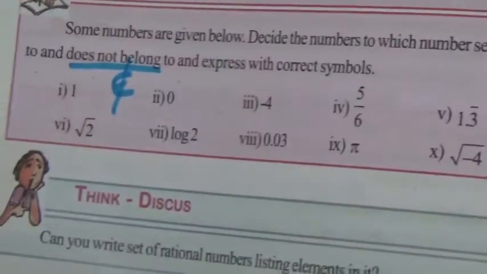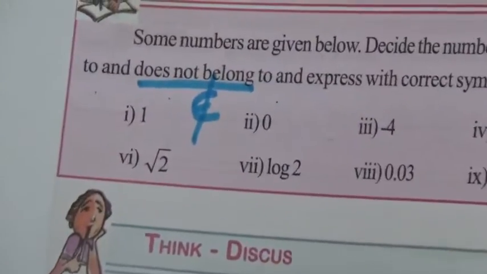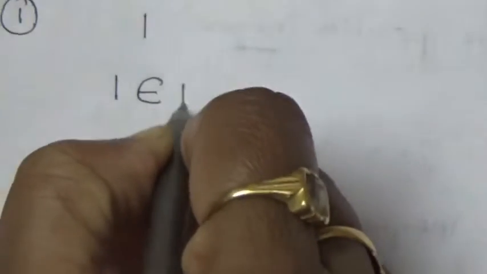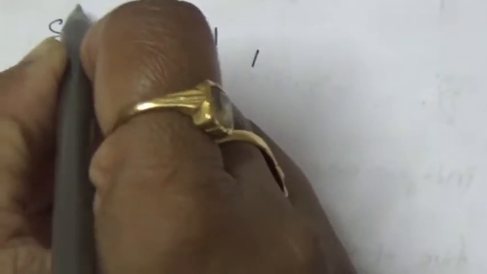The first number given here is 1. Which number system does it belong to? Natural numbers, whole numbers, integers, we know that, right? At least one you can write. 1 belongs to natural numbers. And which it does not belong to, we also have to write. 1 belongs to natural numbers and 1 belongs to whole numbers.